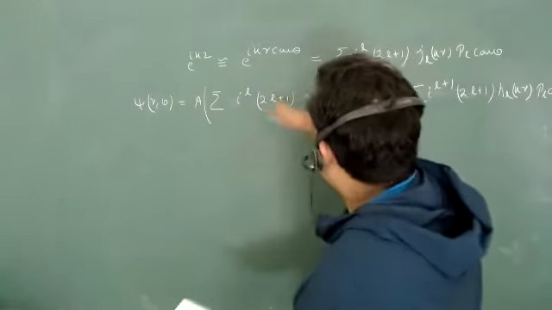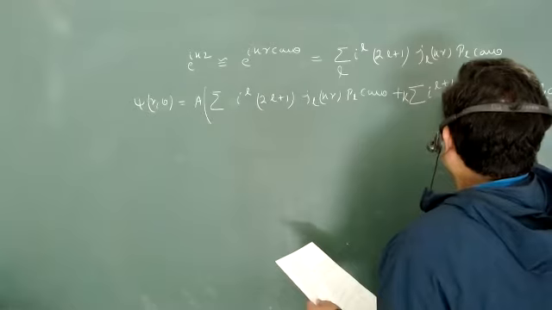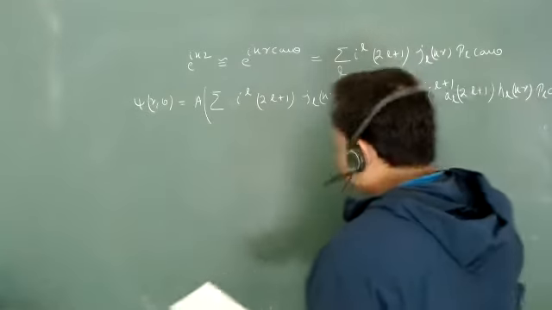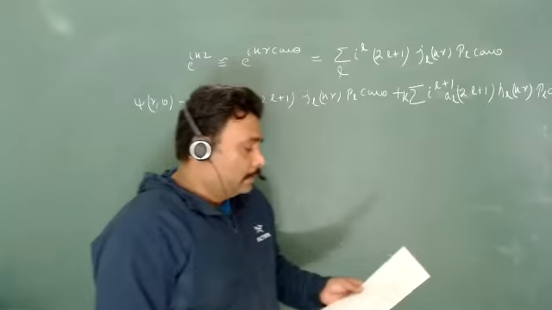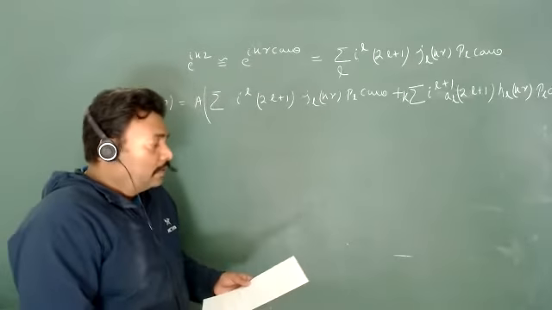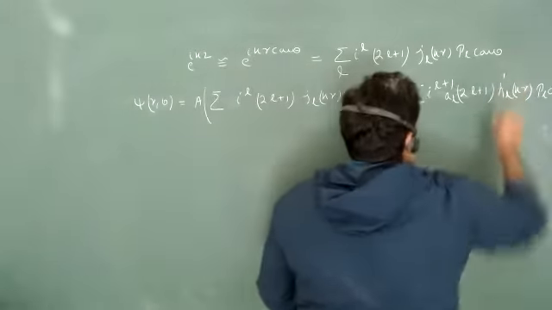This is e to the power ikz, and we also have A_l, right? A_l is also part of the solution.